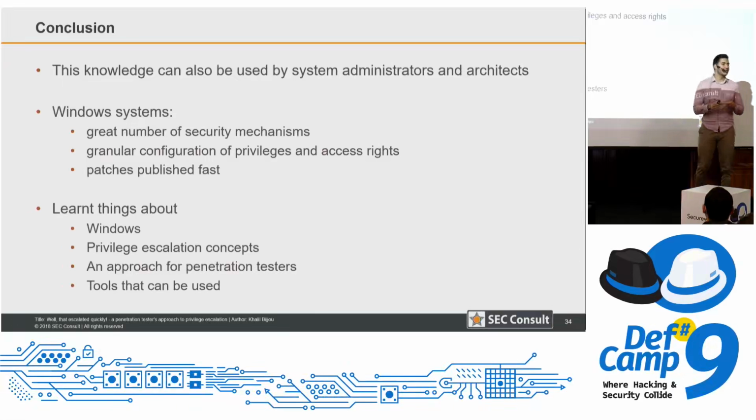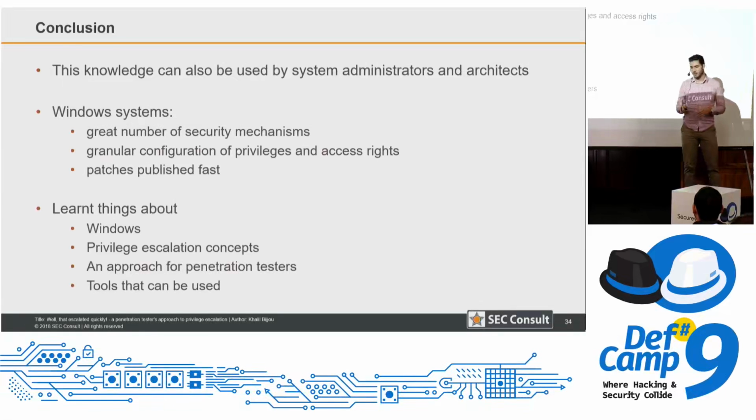You have a very granular configuration of accesses and privileges. As we just saw, you can apply an ACL to every single registry key. And also, in most cases, patches are deployed in a fast manner. So it doesn't take Windows too long to publish patches. I know there are exceptions, but this is the normal case.